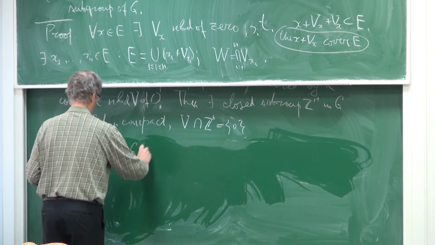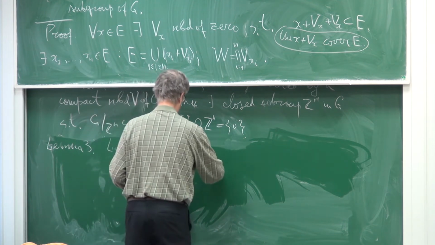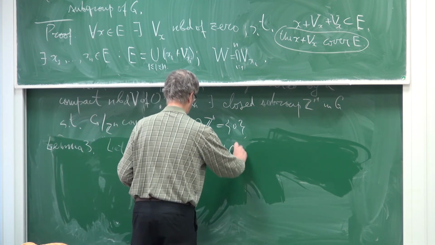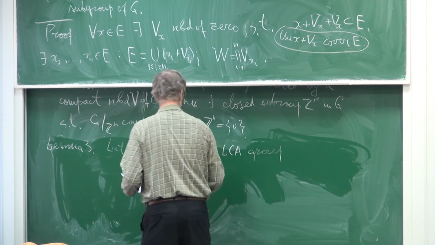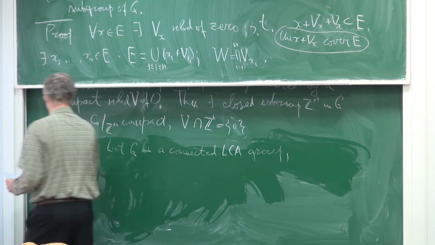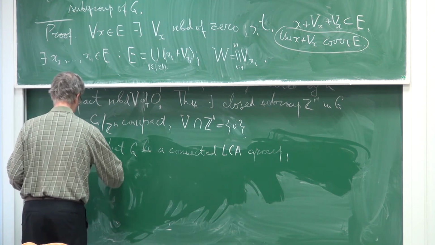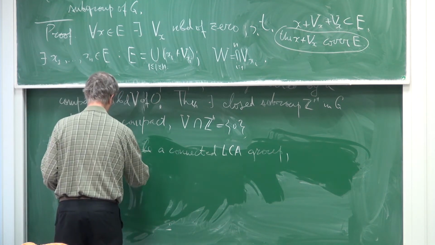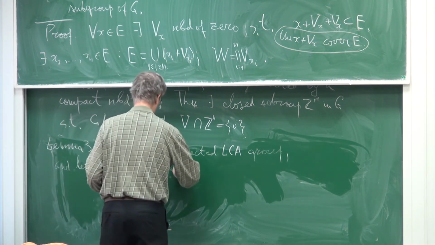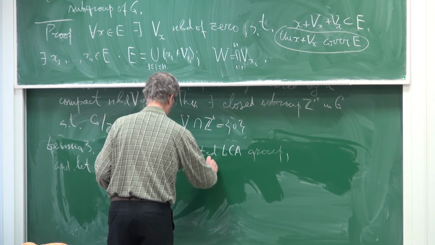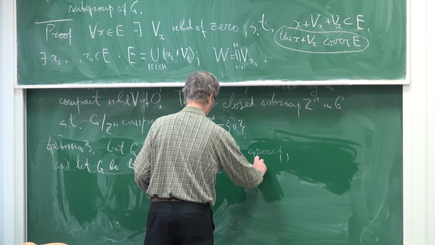Let G be a connected locally compact abelian group, and let G be locally isomorphic to the group Rn.